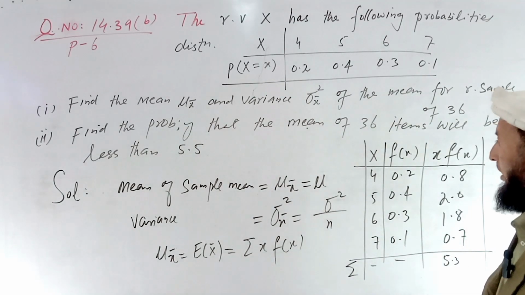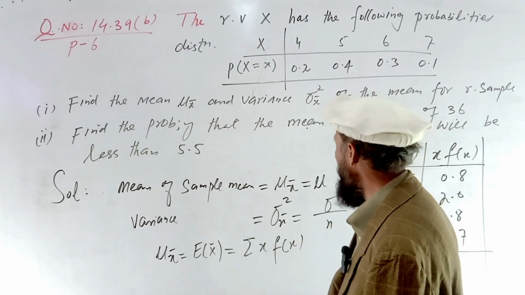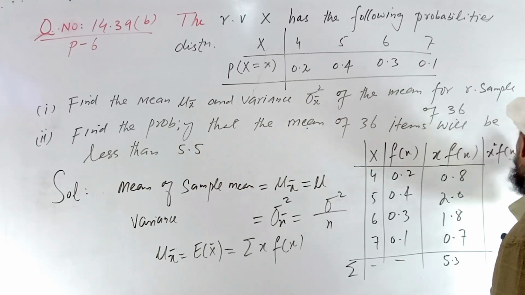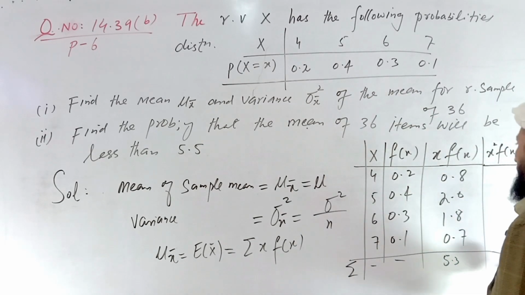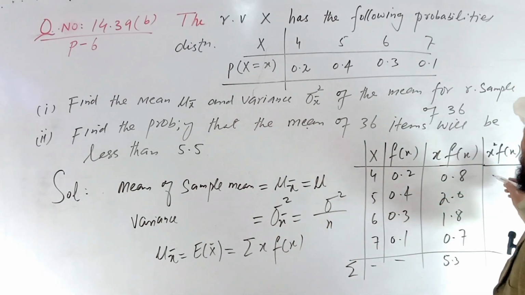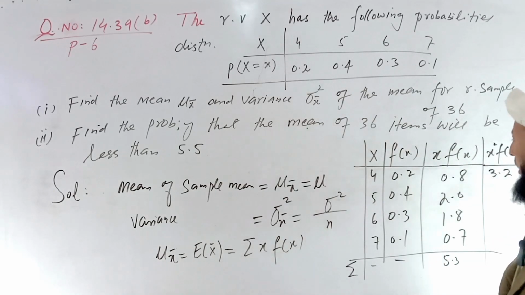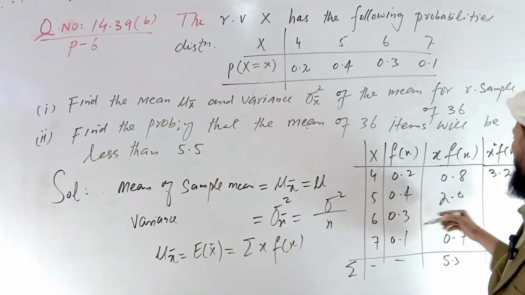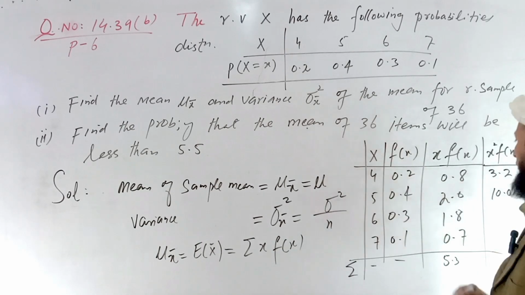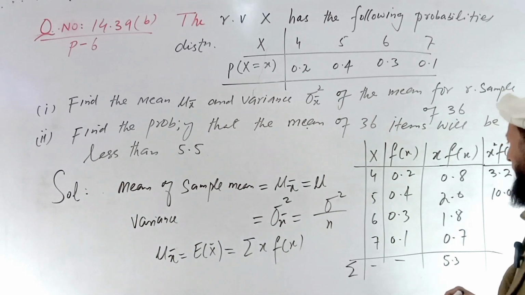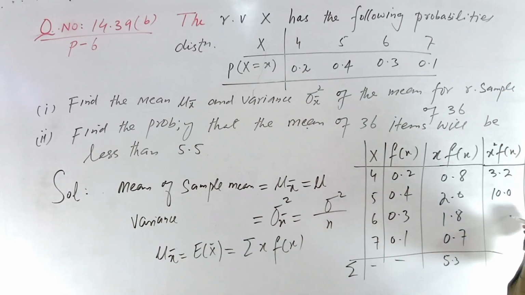Similarly, the expected value of x squared is summation x squared f of x. X squared: 16 multiplied by 0.2 we get 3.2, 25 multiplied by 0.4 we get 10.0, 36 multiplied by 0.3 we get 10.8.